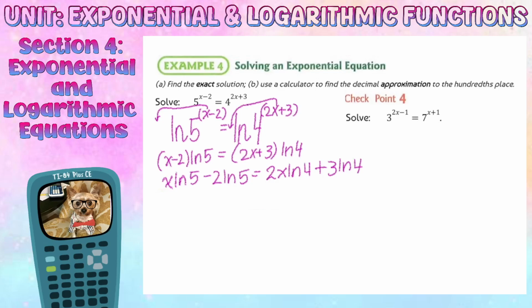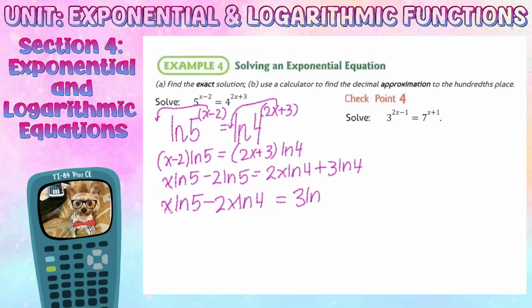Now I'm going to get all my x terms on one side, so this one comes to the left and I bring this one to the right, doing the inverse operation to get it there. The x ln 5 stays on the left, and I subtract 2x ln 4 since I brought that over.